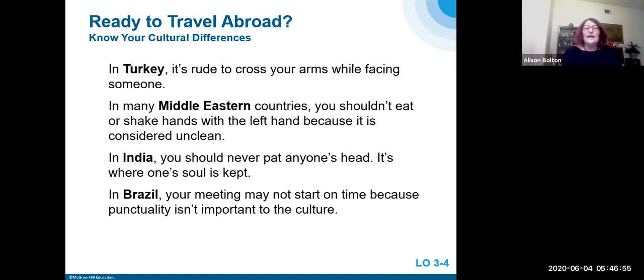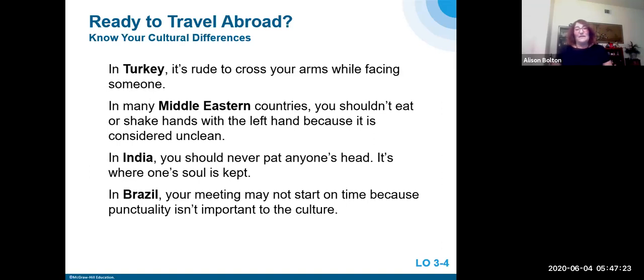In India, never pat someone's head. Shouldn't be doing it anyway. It's very unpleasant to touch somebody else's head publicly. It's inappropriate, but it also means it's where your soul is kept in India, up here. So not good to do. Brazil, your meeting may not start on time because punctuality isn't important there.